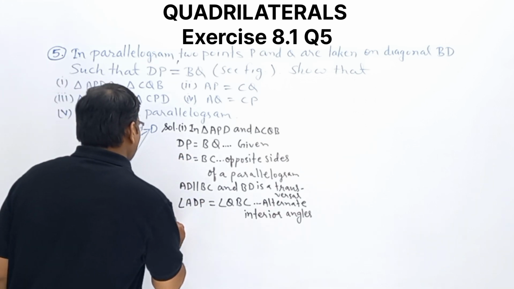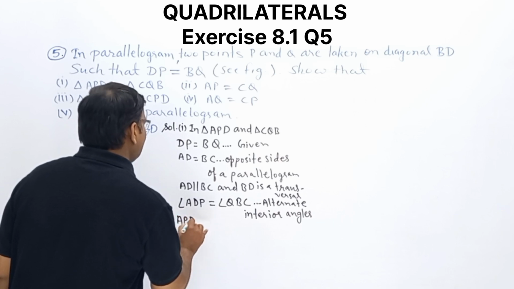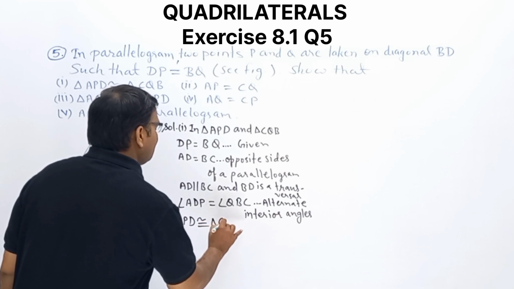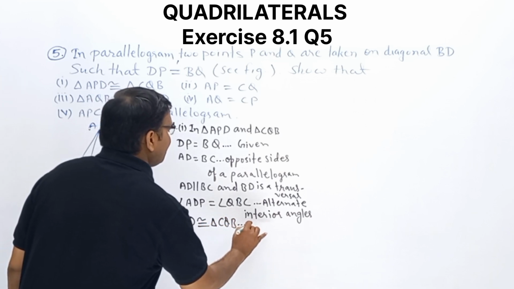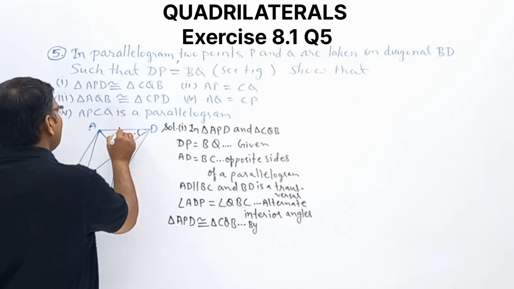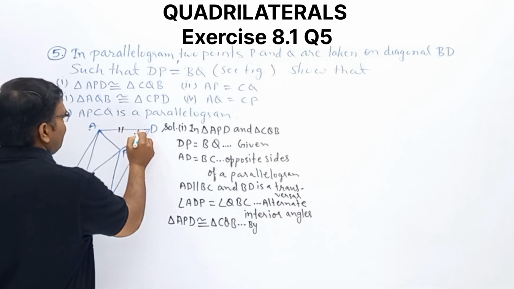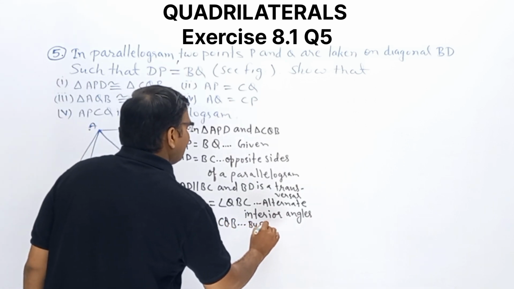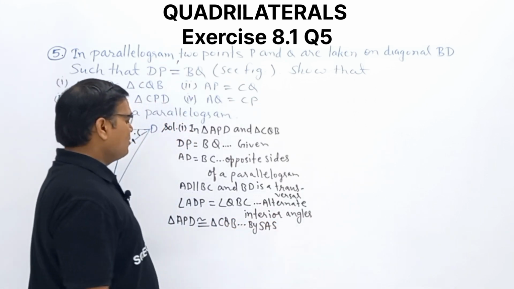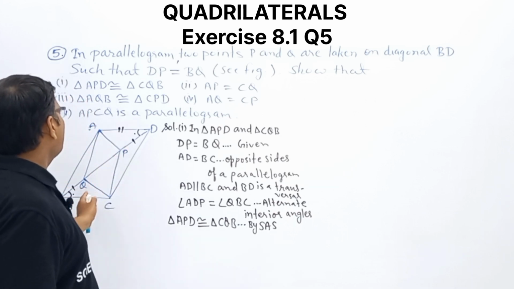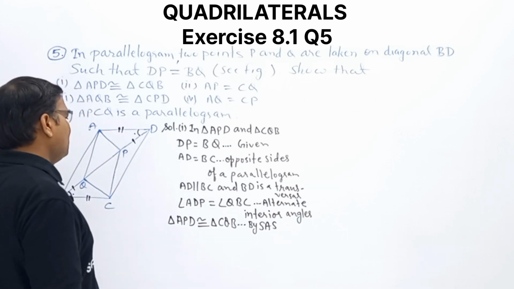So we can say triangle APD is congruent to triangle CQB by side angle side. This one equal to this one, this angle and this one. Clear? So by the side angle side congruence rule, we proved that these two triangles are congruent.